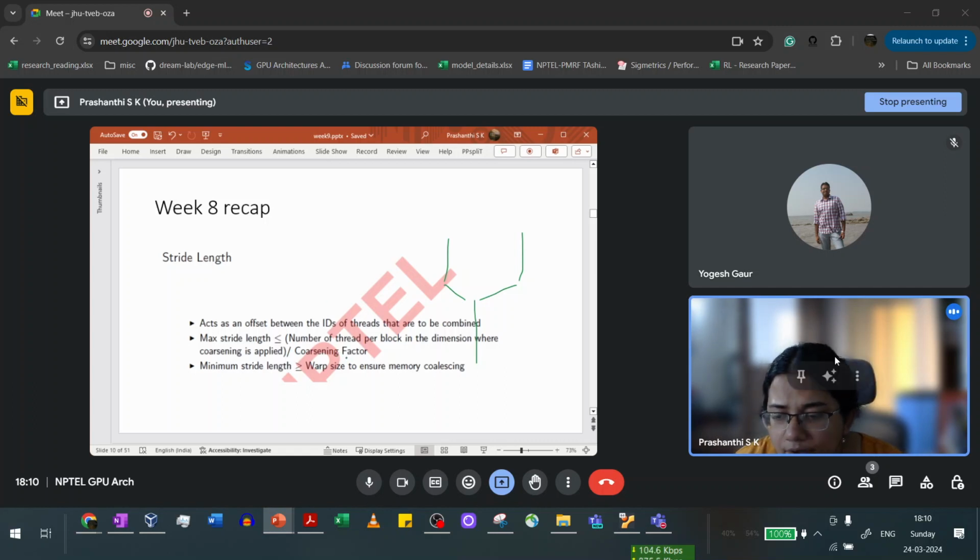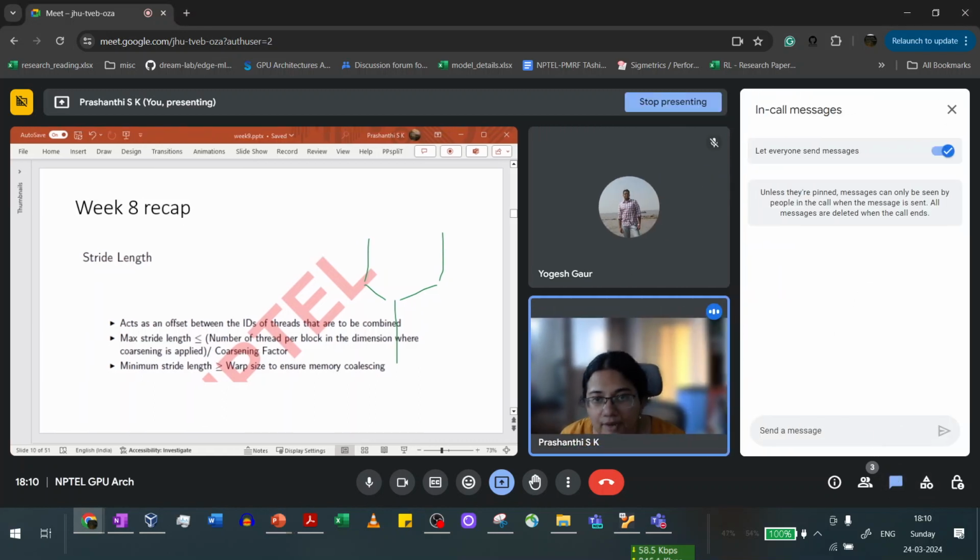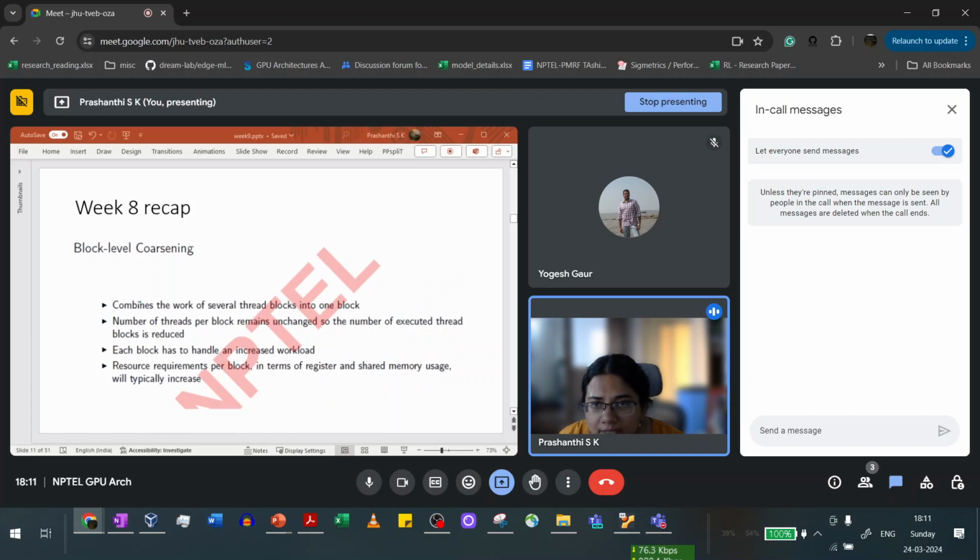I think we saw an example last week where I showed you why this had to be there. If not, you will not be able to combine all the threads in a block properly, right? So this is the upper bound on the stride length. So that's about thread level coarsening.